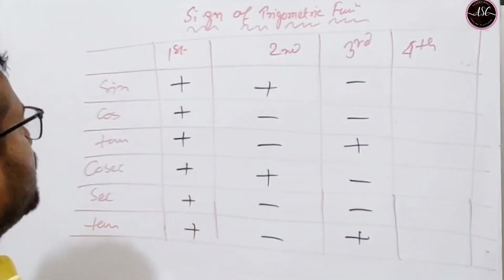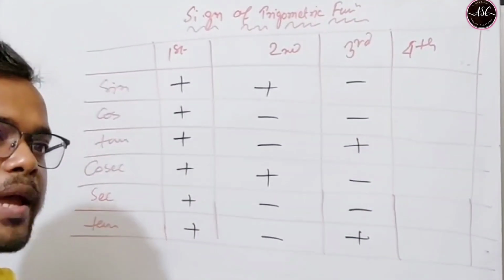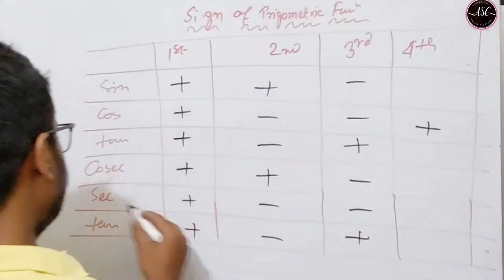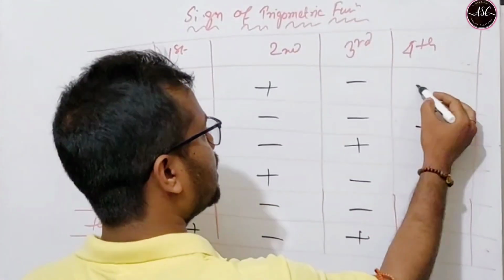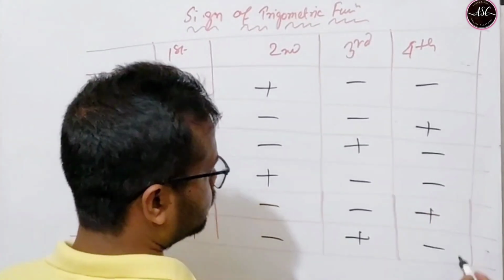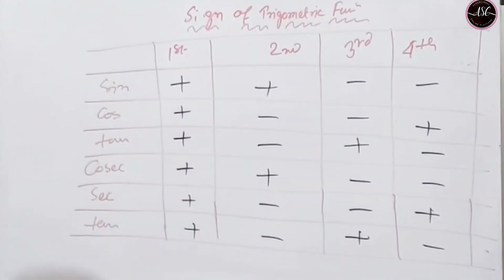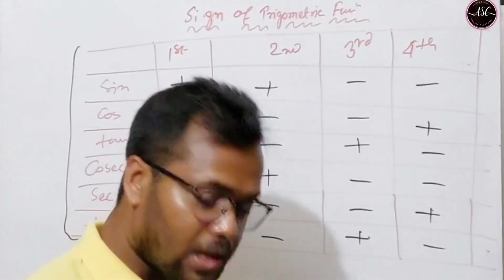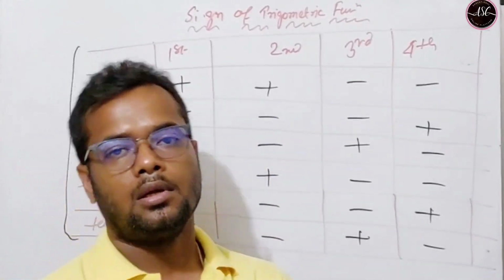In the fourth quadrant cos and sec will be positive, the rest are negative. So by these two, we can remember the signs of the trigonometric functions in each quadrant.